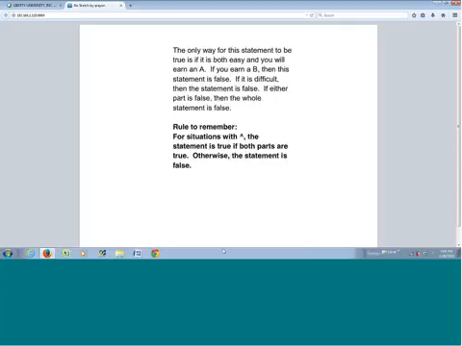Okay, so the only way for this statement to be true is if it is both easy and you earn an A. Because if it's easy and you earn a B, that sentence would be false.